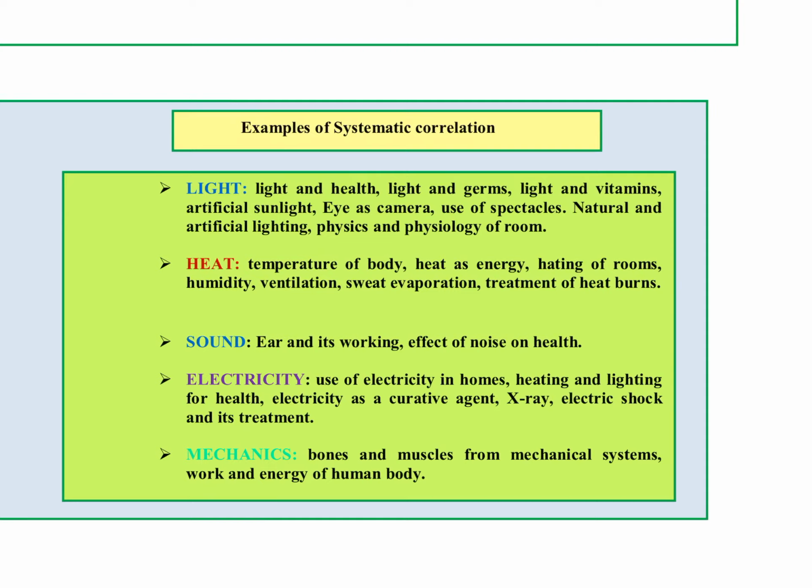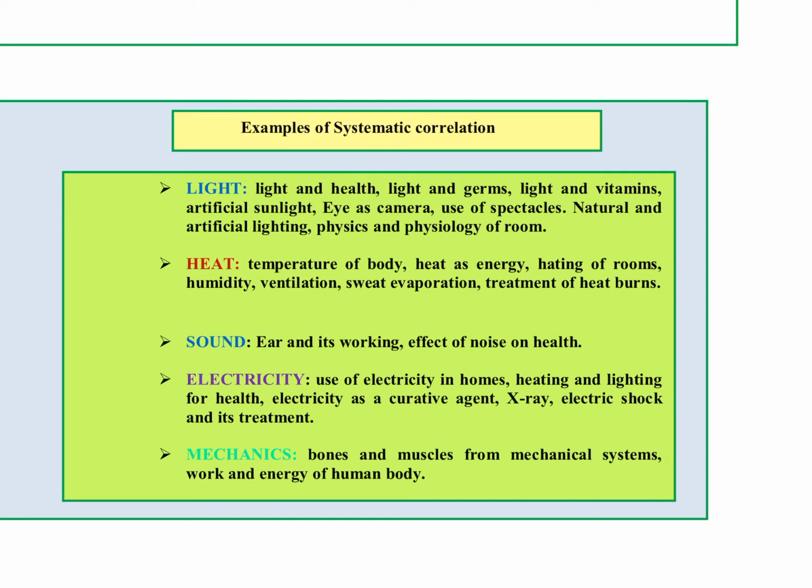For example, light and health. Health is the biology part, light is the physics part. So how are these two interrelated? Light and germs. How are these interrelated? Light, physics, germs again biology part. Light and vitamins. For example, sunlight.